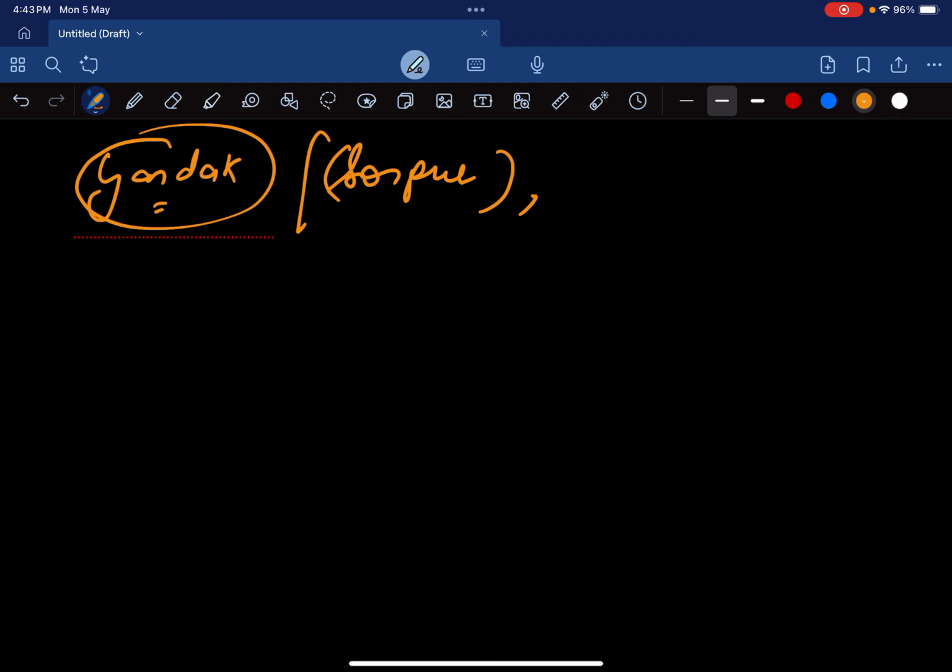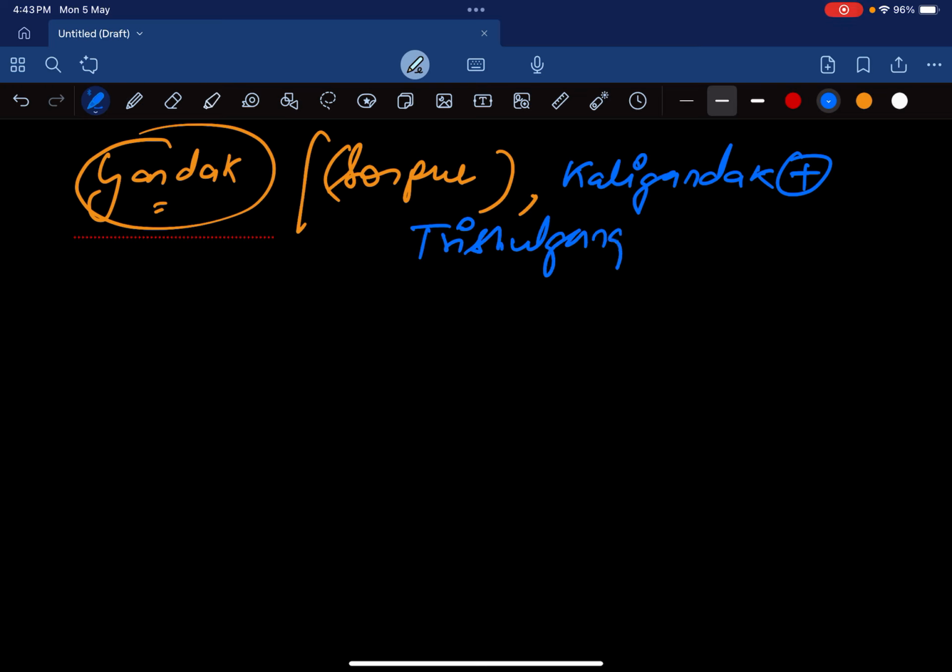Further, it is formed by Kaligandak and Trishul Ganga, right? The next is Kosi River, which is also called the Sorrow of Bihar.